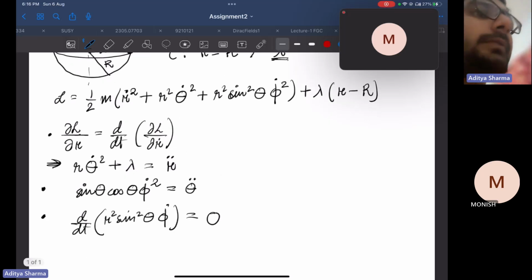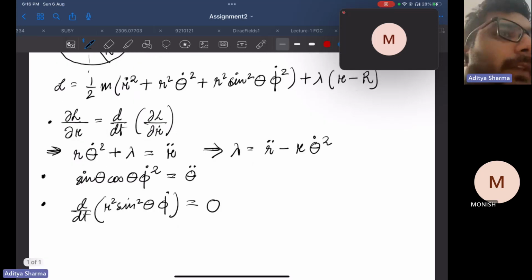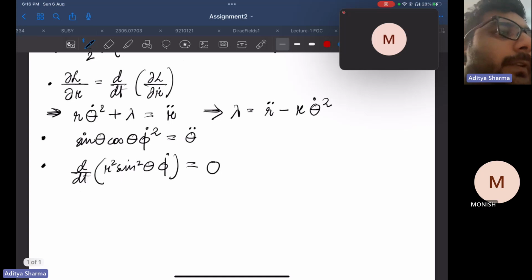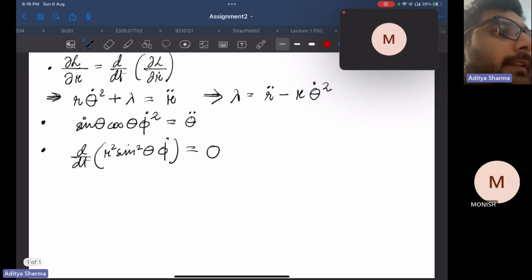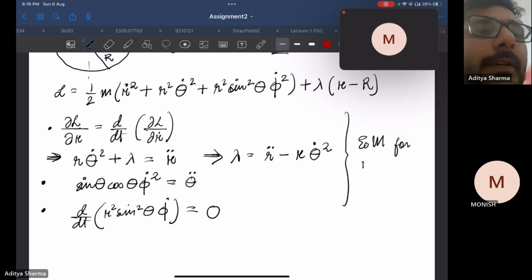These are the equations of motion for r, theta, and phi.